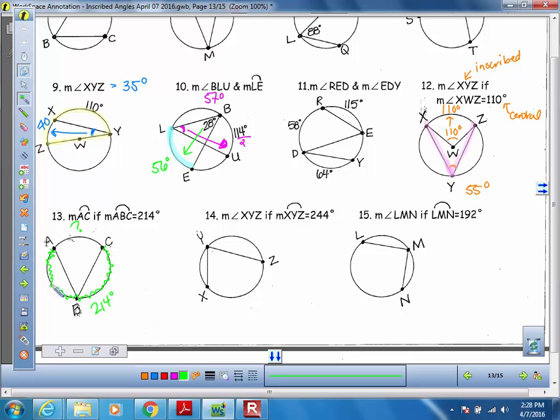What should a circle add up to be the measure of a circle? 360. So we'd subtract 214 from 360, and that would give us 146 degrees.